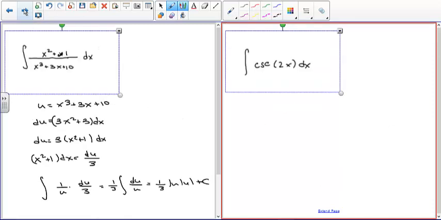Okay, and the last one is just to remind us that we now know how to integrate all of the trig functions. So you would go to your table for this one. You still have to use u substitution because I don't just have the cosecant of x. So u would be 2x, but pull out your sheet and look up what the integral of the cosecant is. And so ultimately you'll end up with the cosecant of u.